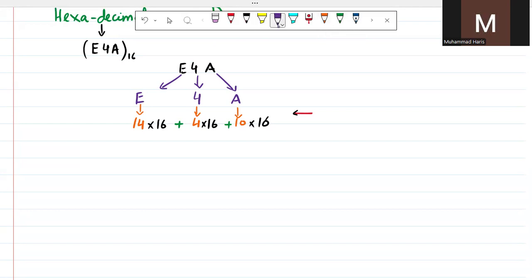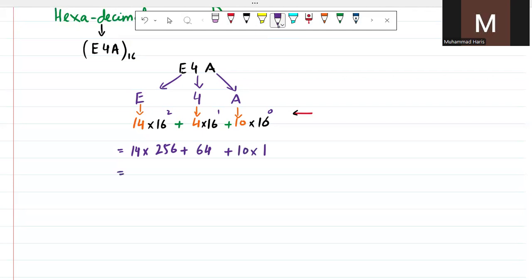So I will place 0 over here, 1 over here, 2 over here. Now 16 to the power 2 is 256. Yes, guys, 16 into 16. That will give you 256 multiplied by 14, plus 16 raised to the power 1 is 16, so 16 into 4 is 64, plus 16 to the power 0 is 1 multiplied by 10.